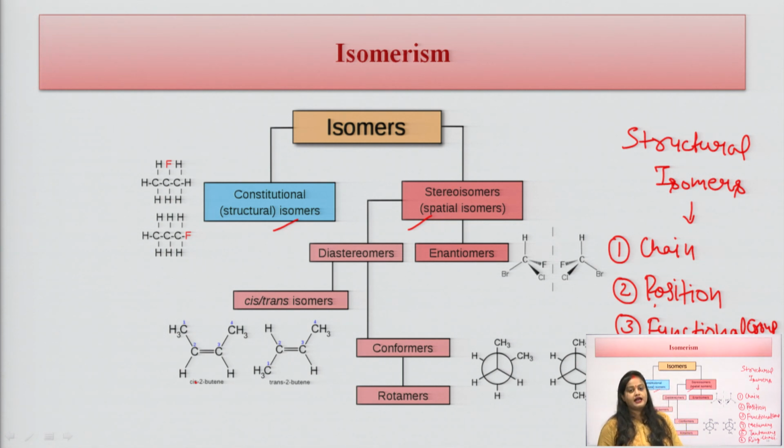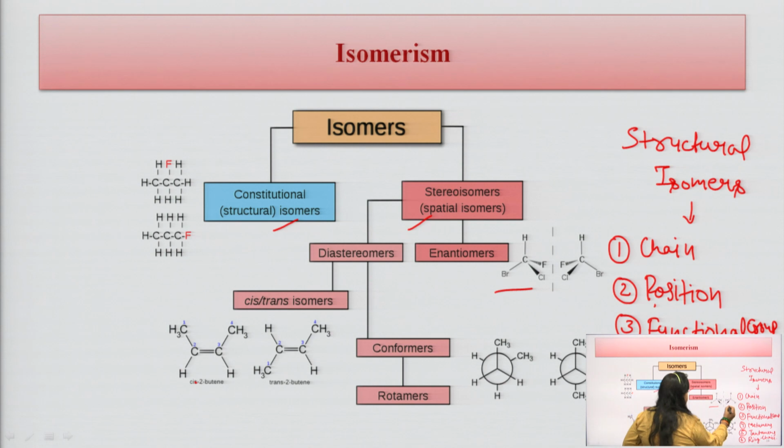In optical isomerism, the chiral carbon is very important. A chiral carbon is one attached to different types of groups and atoms, so the compound will be chiral, and only a chiral compound gives optical isomerism, because it will be optically active. Without a chiral carbon, the compound will be optically inactive.